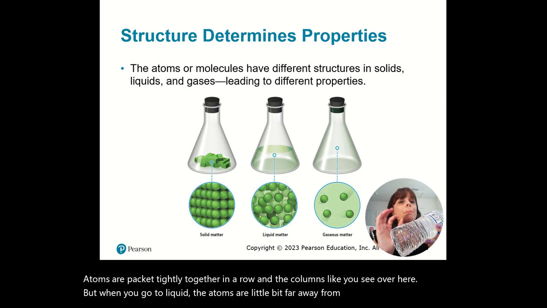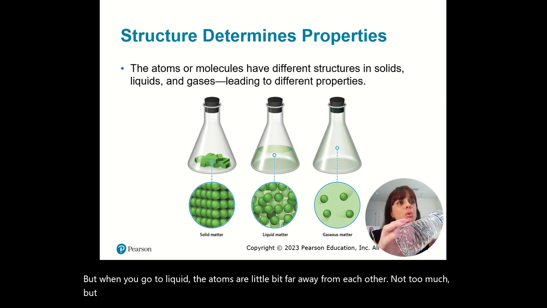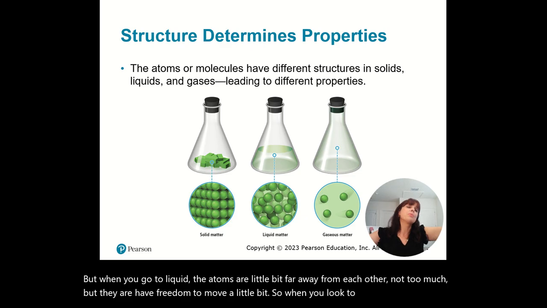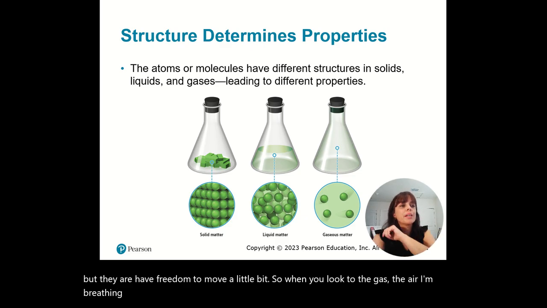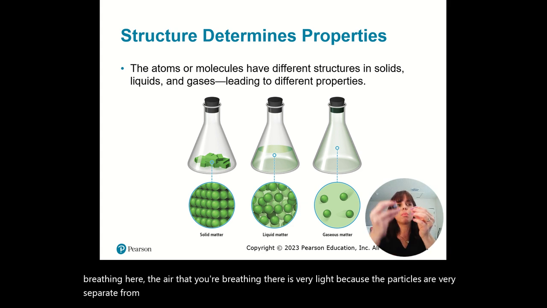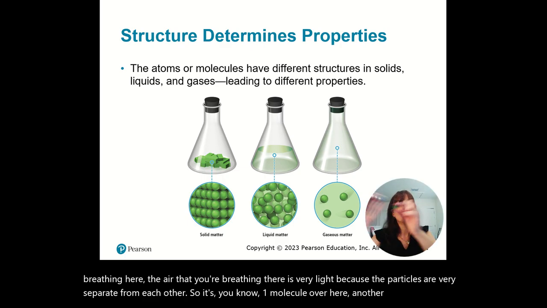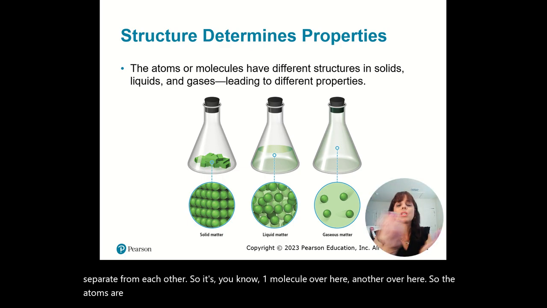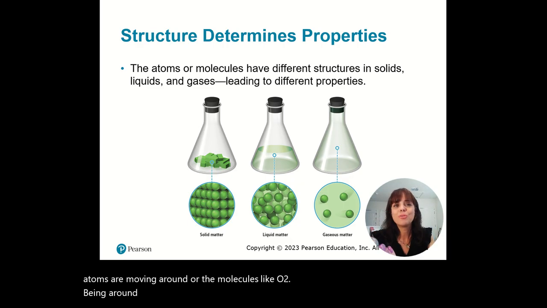Not too much, but they have freedom to move a little bit. When you look at the gas, the air I'm breathing here, the air that you're breathing there, is very light because the particles are very separate from each other. So it's one molecule over here, another over here. The atoms, or molecules like O2, are moving around. They have space to move, so they are able to move freely.